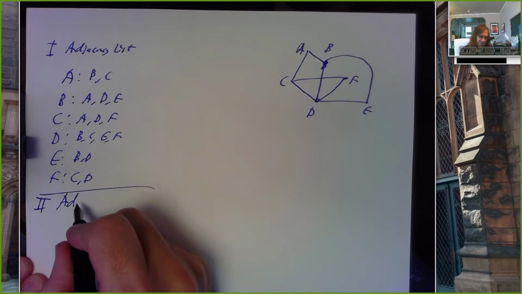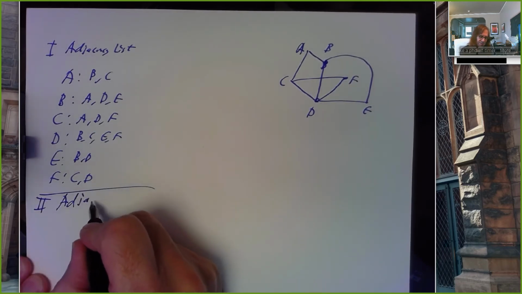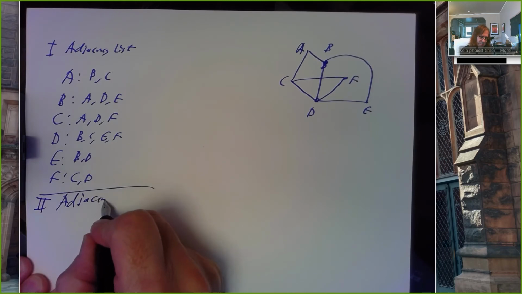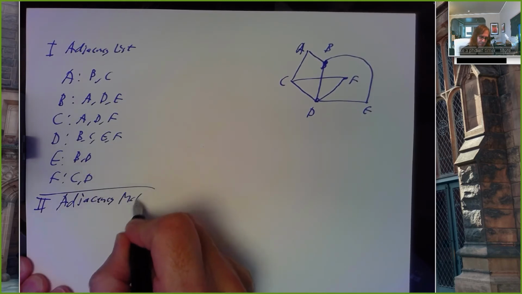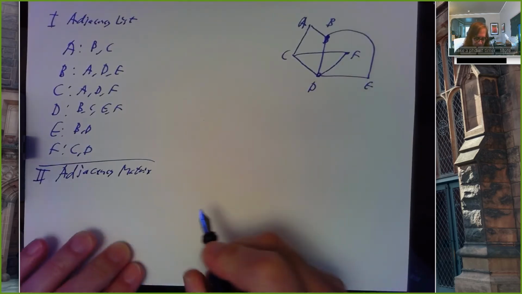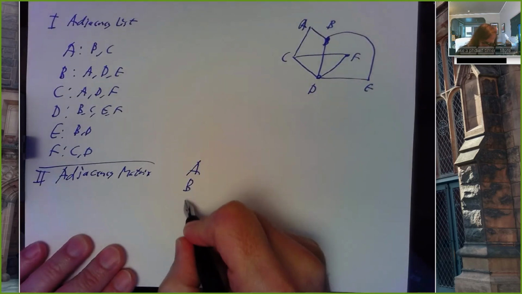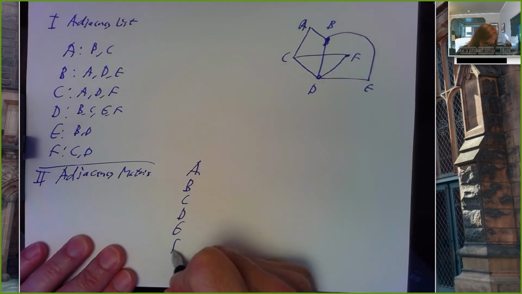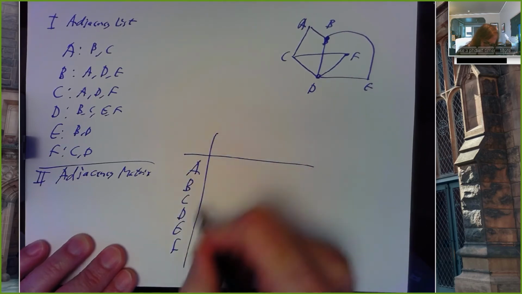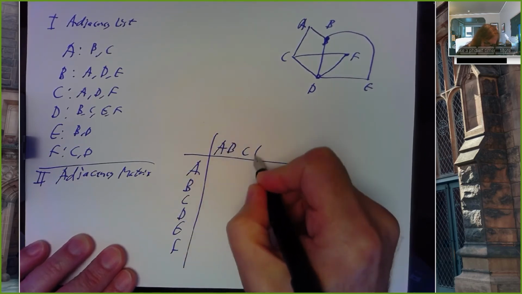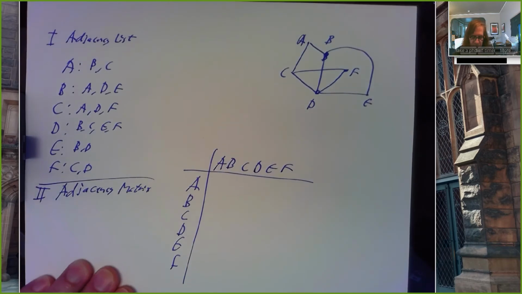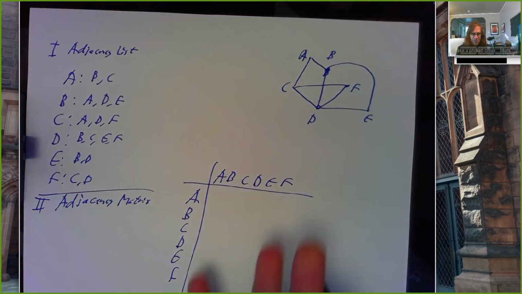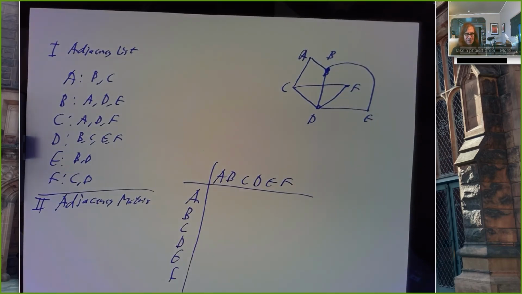All right, alternatively, we could do an adjacency matrix. And an adjacency matrix looks like this. And we simply record a true-false flag for each row and column if there's an edge between a pair of vertices.